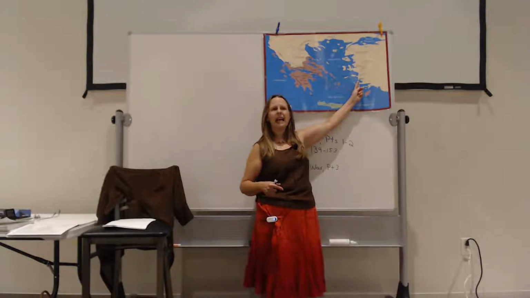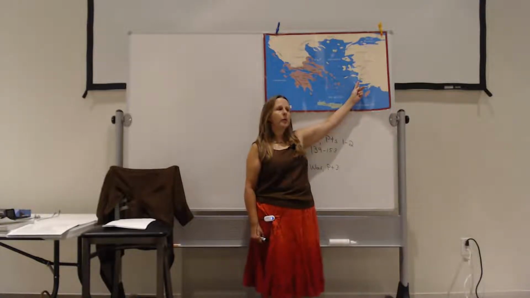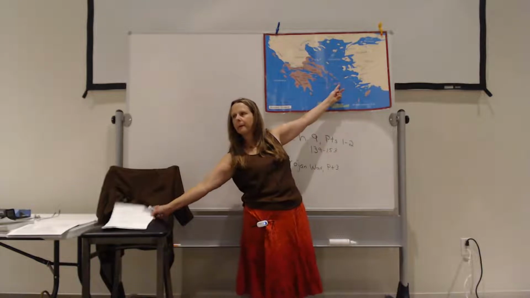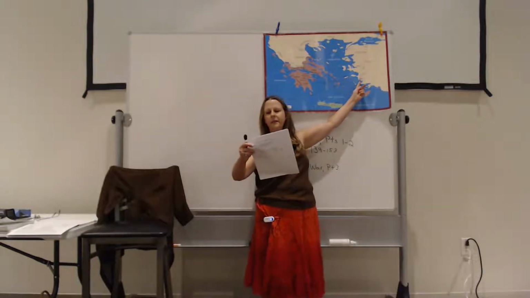It's spelled exactly like it sounds. M-I-L-E-T-U-S. Miletus, which is really where the war broke out. It was really ground zero when they decided to rebel. So are we good? Did we all find Miletus?